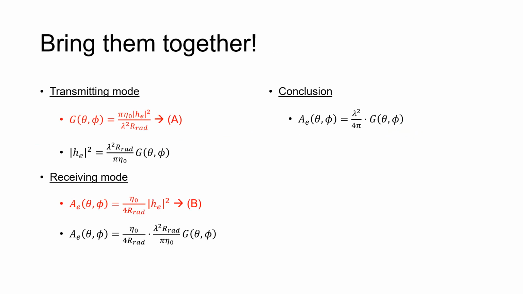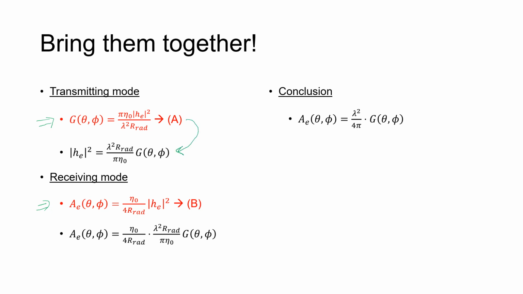So now we are bringing everything together. This was the summary of the transmitting mode of the antenna, the relation between the effective length and the gain. And this was the summary of the receiving antenna mode, which is the relation between the effective aperture area and the effective length. We will reformulate A in this way.